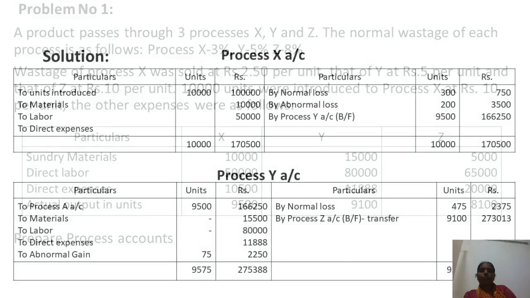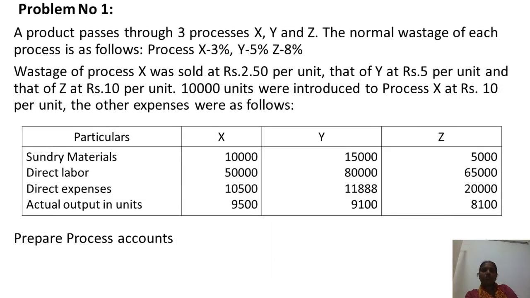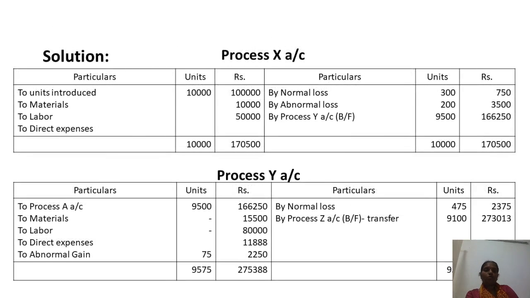While going to the process X account, we have units introduced, then materials, then labor, then direct expense. We write the amount, and the total here is 1,70,500. Then in normal loss, how many units? Process X normal loss is 3%.